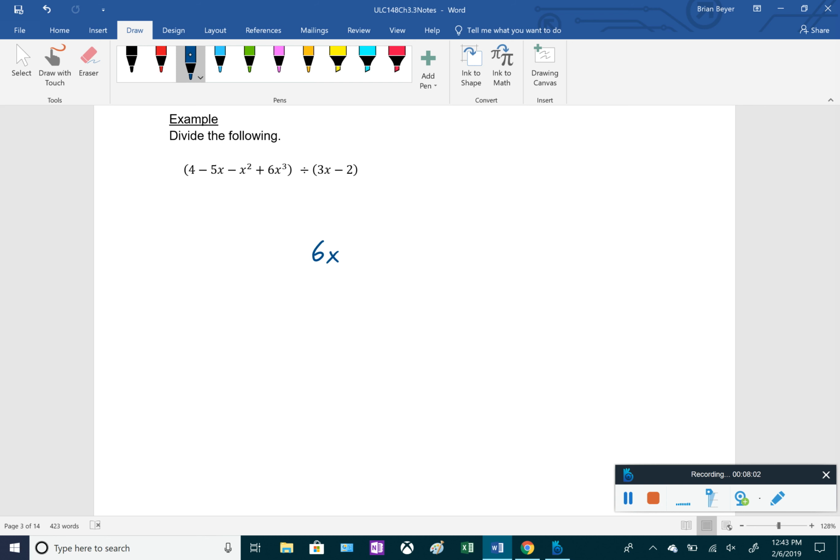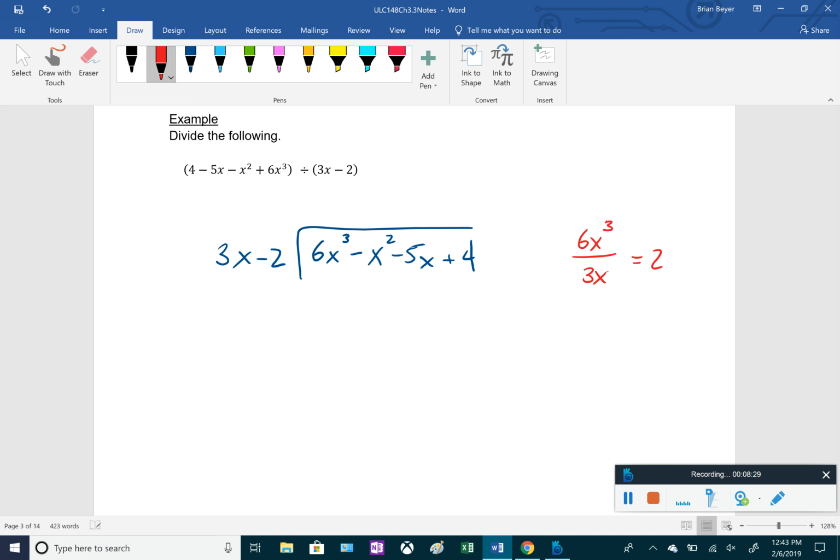So 6x cubed minus x squared minus 5x plus 4 divided by 3x minus 2. Okay, so we're going to think, what do we have to multiply 3x by to get to 6x cubed? Or if you don't want to think of it that way, you just divide them.